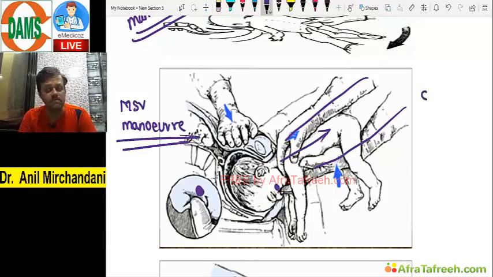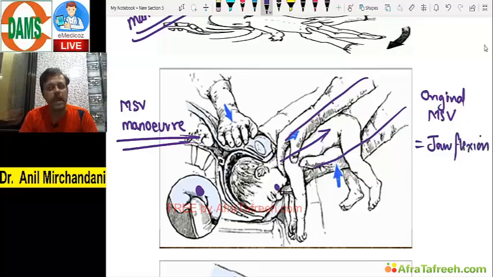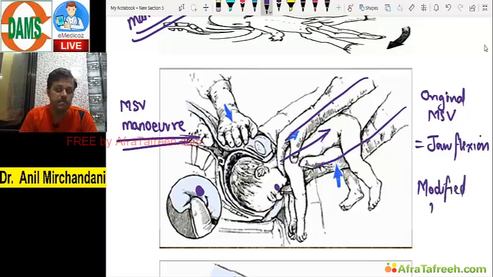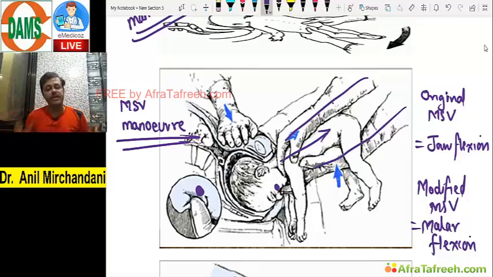The original one was middle finger in the mouth. It was called jaw flexion and shoulder traction. The modified one is malar flexion and shoulder traction. Yeah, this is the Mauriceau-Smellie-Veit maneuver. Currently this is the most common maneuver used in order to deliver the baby.